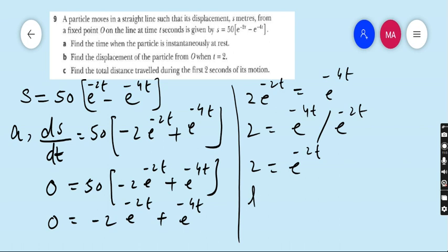Taking ln on both sides, ln 2 is equal to ln e power minus 2t. So ln 2 is equal to, ln and e cancel, minus 2t.